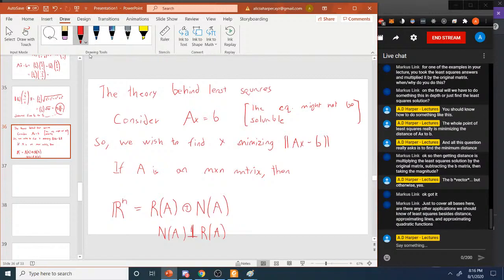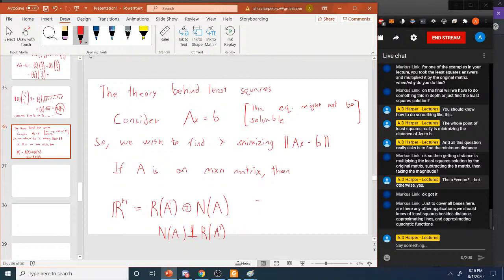And so this is the row space of A transpose, direct sum with the null space of A. And here I'm using the fact that the null space of A is orthogonal to the column space of A transpose, and together they direct sum to R^n.